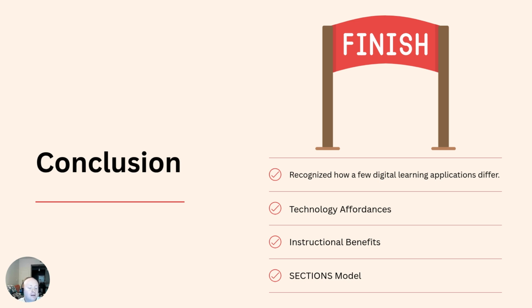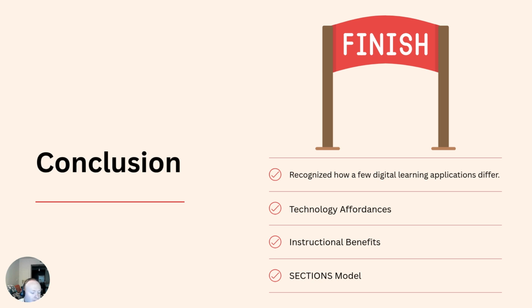Okay, now we're going to conclude and wrap this up. So today, remember, we recognized a few digital learning applications and how they can differ. Next, we discussed what a technology affordance is. So remember, we talked about the different characteristics each app can provide. Next, instructional benefits. What are things that teachers keep in mind?